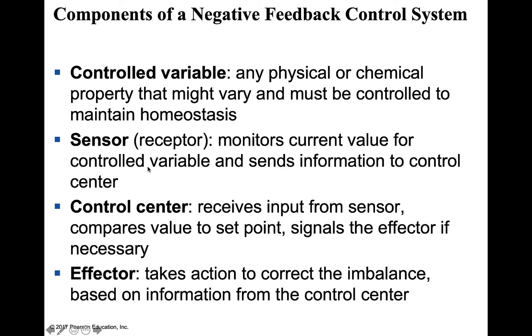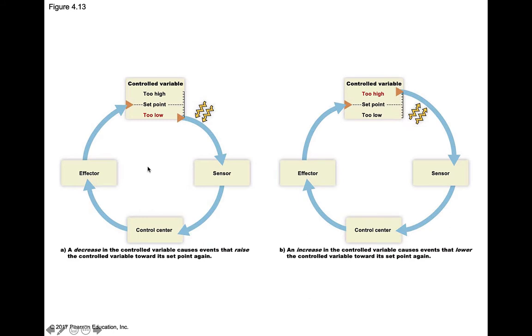It's really easy to think about temperature. When temperature drops, the body is going to do things that increase body temperature until you're back to 98.6 degrees, our set point. That's really important when we're talking about these control systems. So here's a really good example.